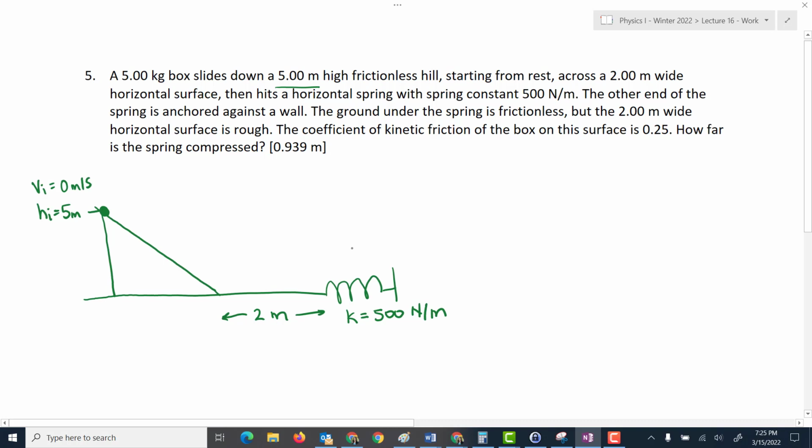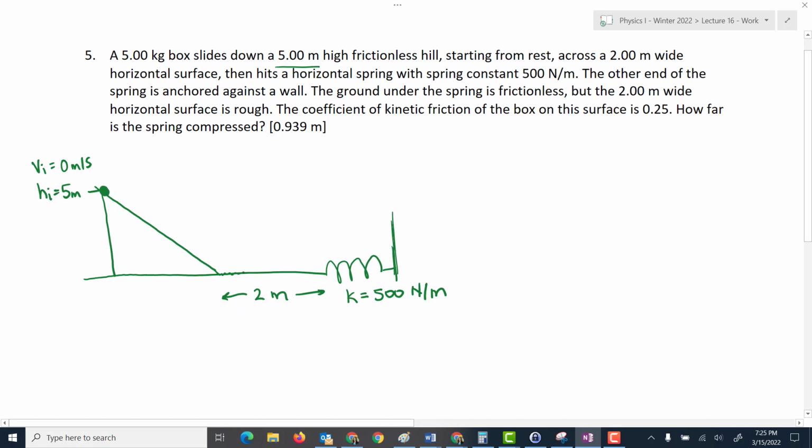The other end of the spring is anchored against a wall, so this is my wall over here. The ground under the spring is frictionless, but the 2 meter wide horizontal surface is rough, so over here this is rough. And the coefficient of kinetic friction of the box on this rough surface is 0.25.